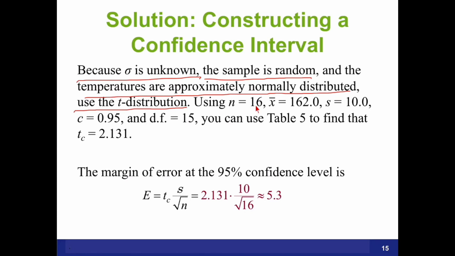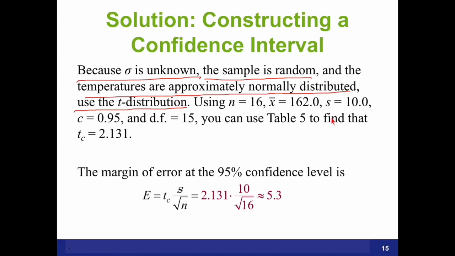N equals 16, square root of 16 is 4. We use this value as the point estimate, and this as the estimation of the standard deviation of the population. The level of confidence is 95%, and the degrees of freedom are 15 because n is equal to 16.